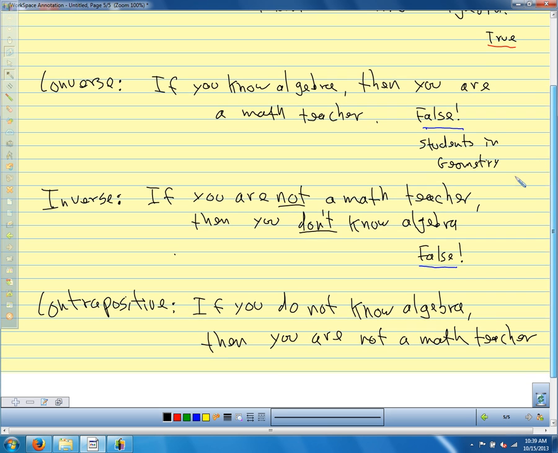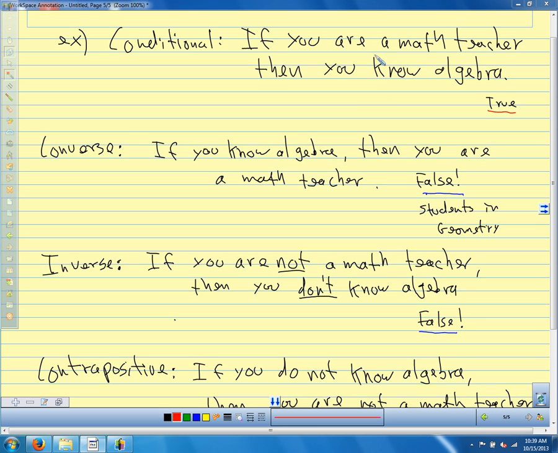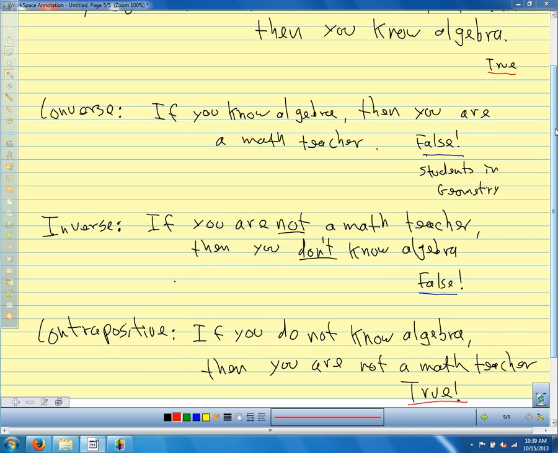And is this one true or false? If you don't know algebra, basically you're disqualified from being a math teacher. So this would be true. At least we hope it's true. So this is the same as our original. They have the same truth value. They are equivalent statements. They tell us the same thing. The conditional and the contrapositive tell us the same thing. The converse and the inverse tell us the same thing.